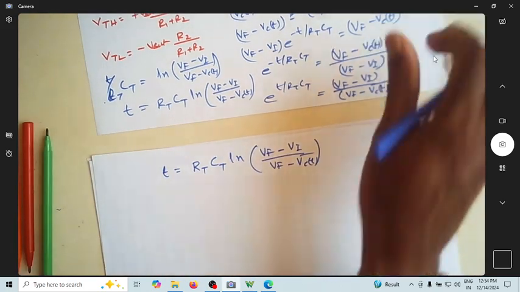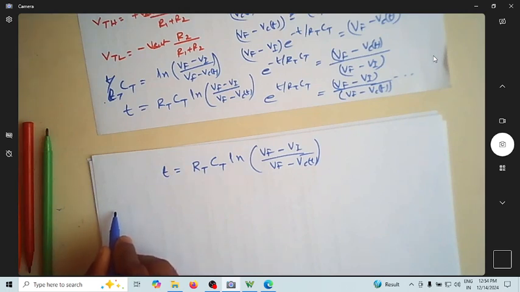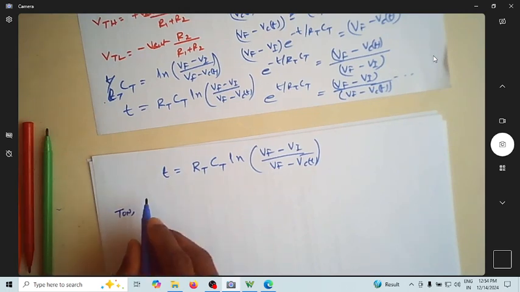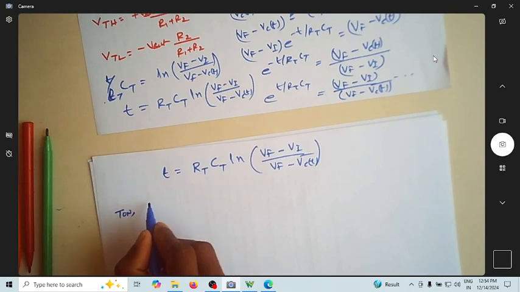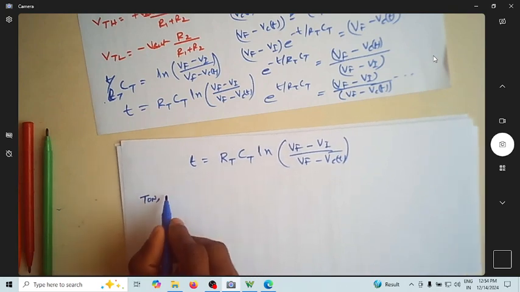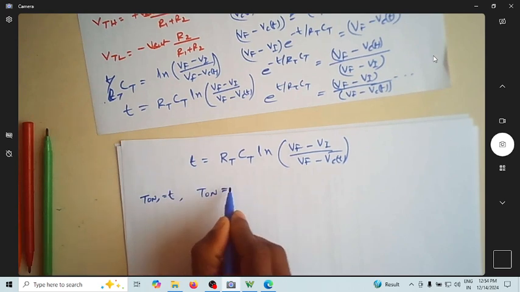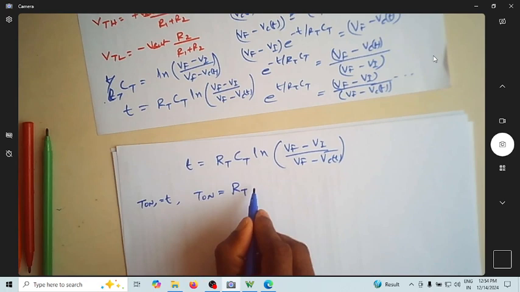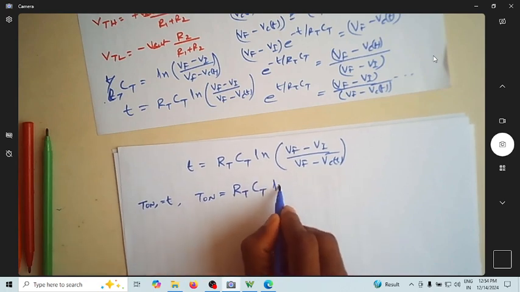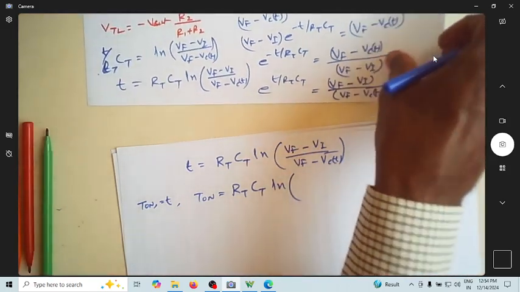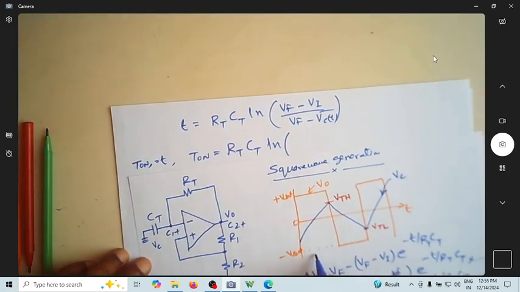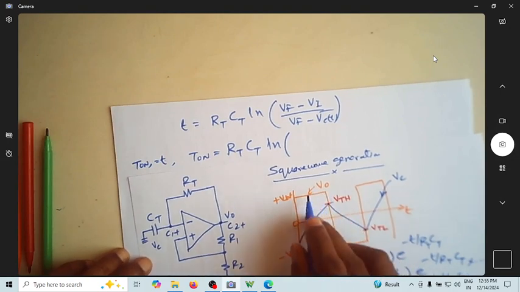Now let us try to get an expression for t on. Let us make t equal to t on. So t on is equal to RT Ct, and the ln remains the same. When finding t on, Vf will become plus Vsat.